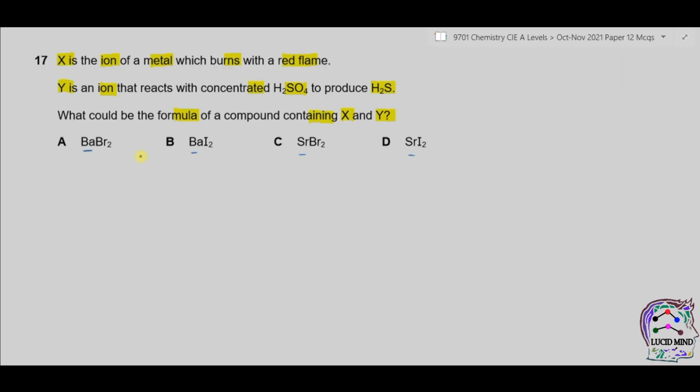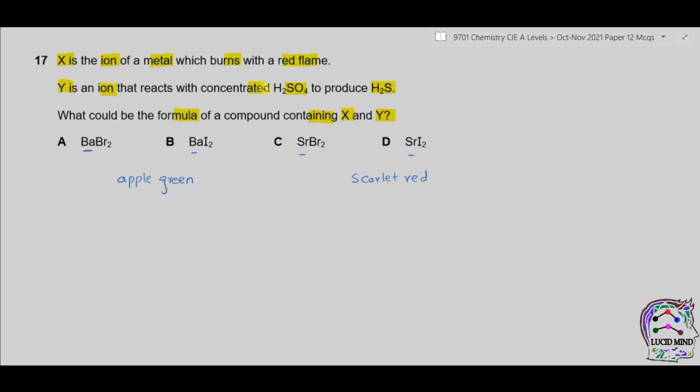You should remember that the flame of barium is apple green in color, while for strontium the flame color is scarlet red. So as it says the red flame should be there, so therefore it should be strontium, not barium.